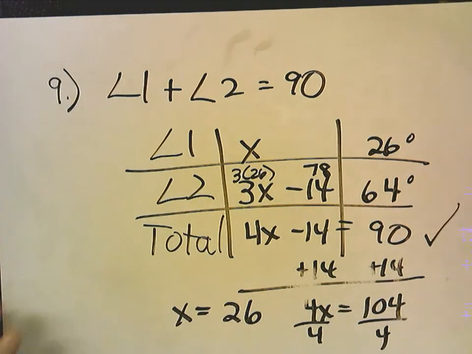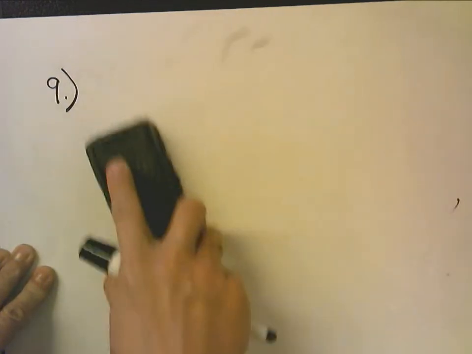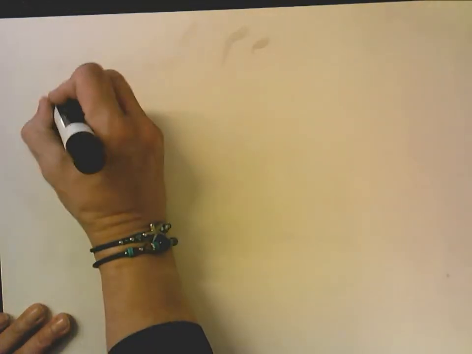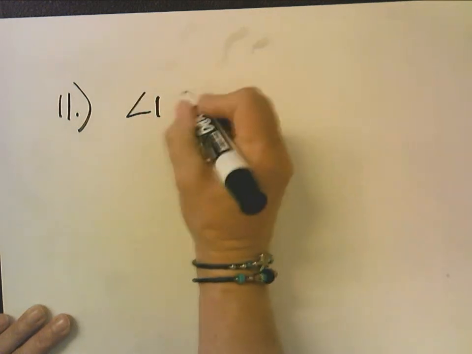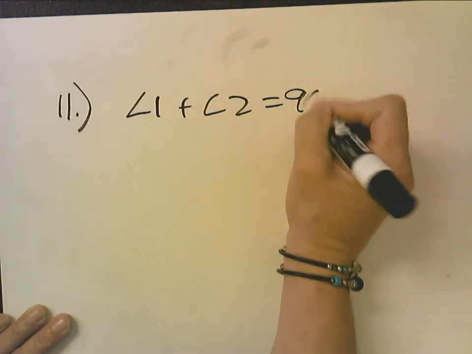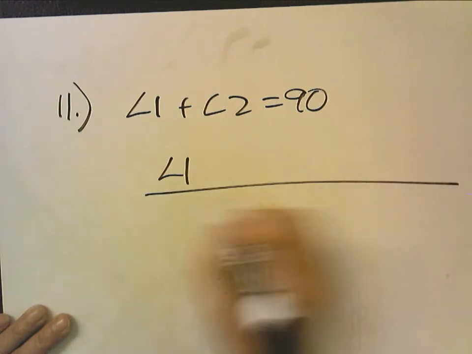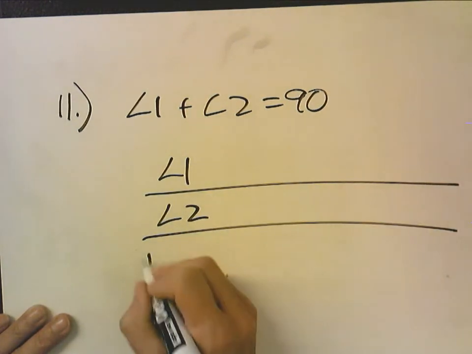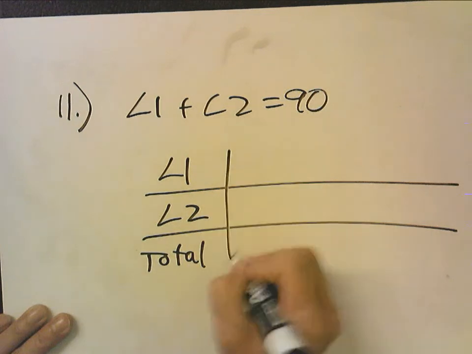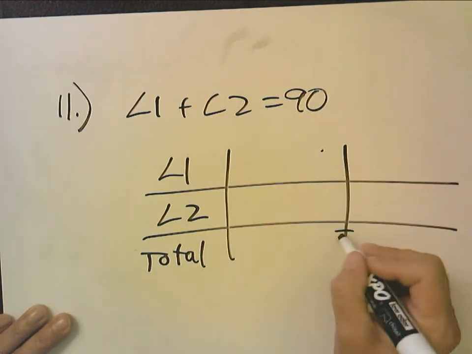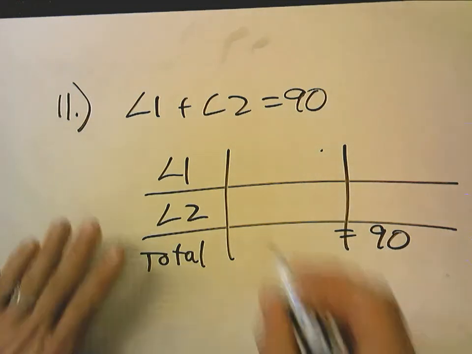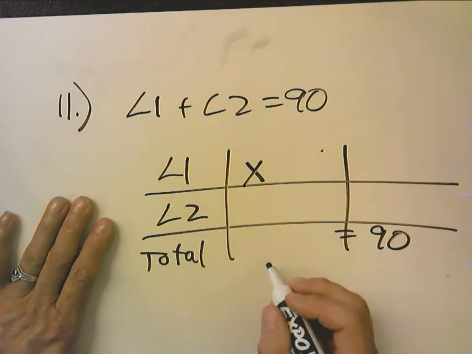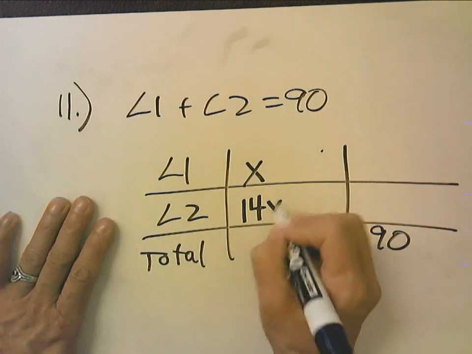Okay? And now number 11, again, it's a complement, so angle 1 plus angle 2 equals 90. Angle 1, angle 2, total. And this says an angle is 14 times its complement. So if this is one angle, the other is 14 times that.